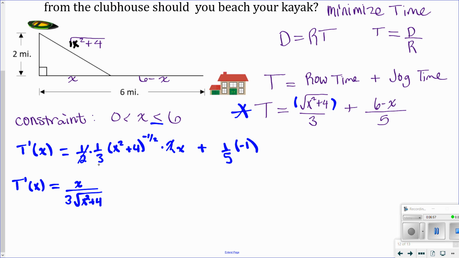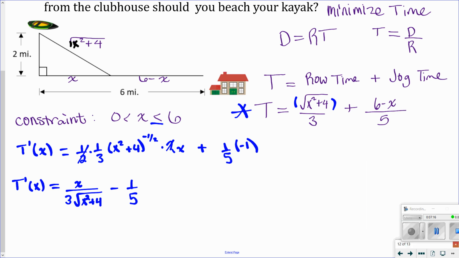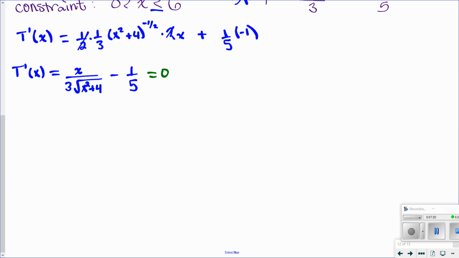I took care of the 1/3, I took care of this piece here, I've got the x, okay, minus 1/5. Perfect. And so we want to now find the value of x that is going to minimize this. So again, to do that, we set the derivative equal to 0. And when I do that, I'll add the 1/5 over.